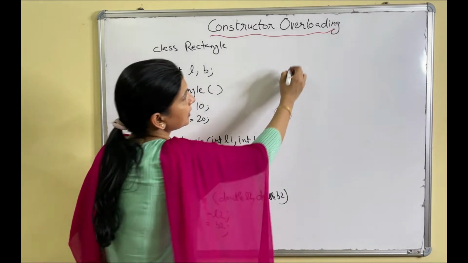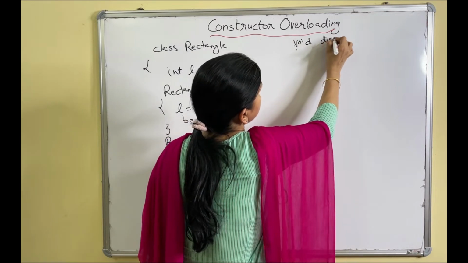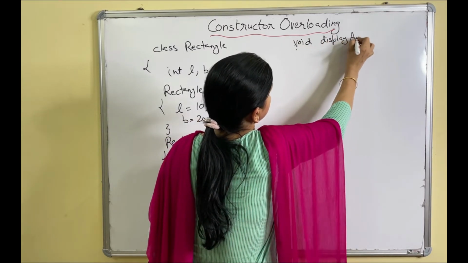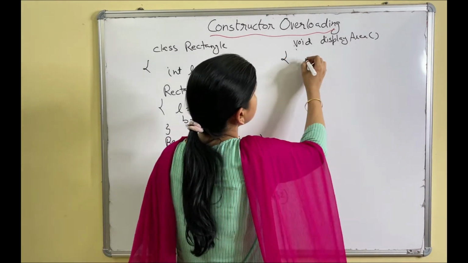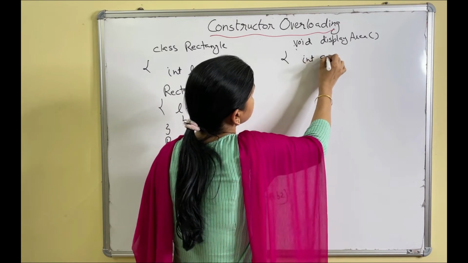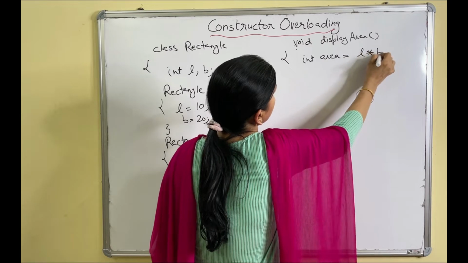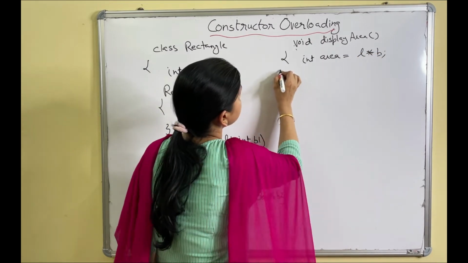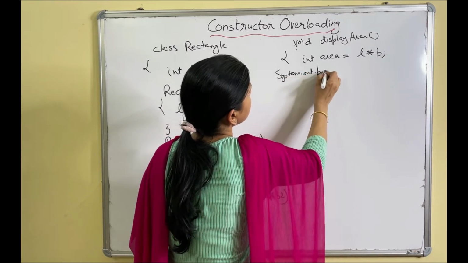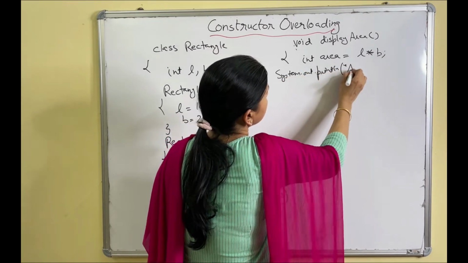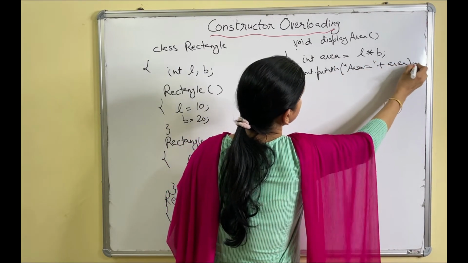Let's take one method also, and the method name is void displayArea, and in this we will calculate the area. int area equals L into B. Then we will display the area, System.out.println, "area equals" plus the variable area, right?